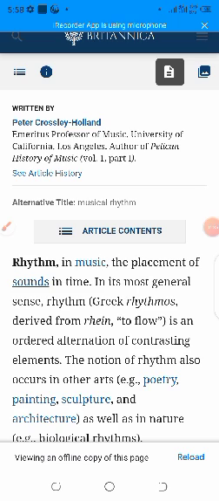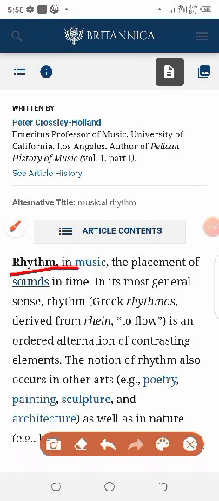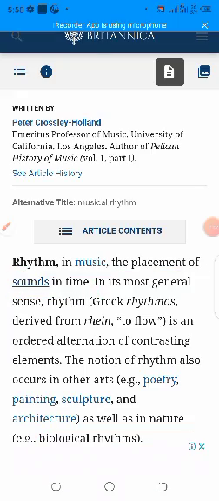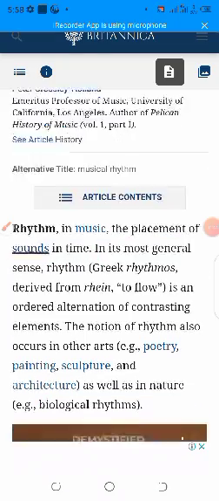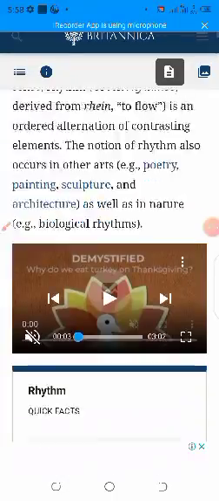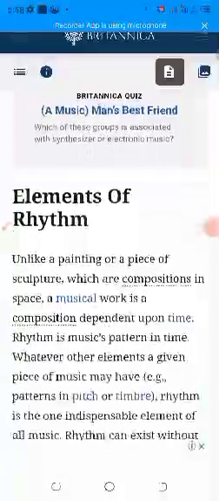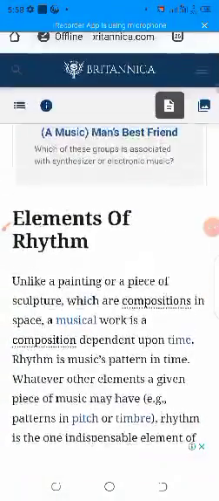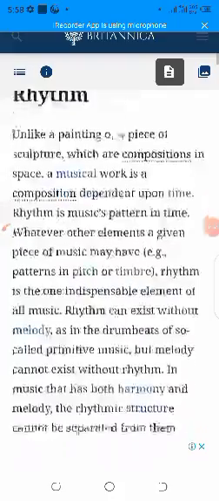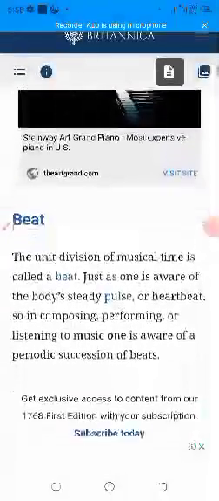It is the placement of sound in time. So you need to understand placement of sound in time. That is reading. We are not dealing with all this theory. You can read up all these things later on and understand some points, sometimes in reading, elements of reading. So you can read all those things.